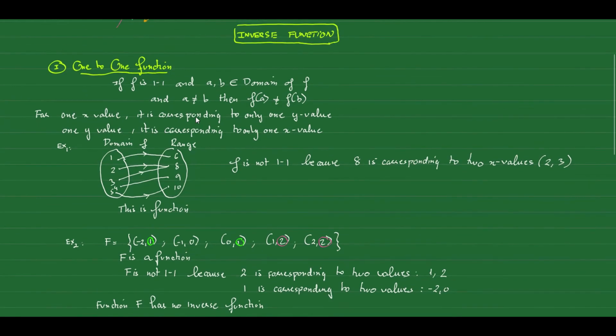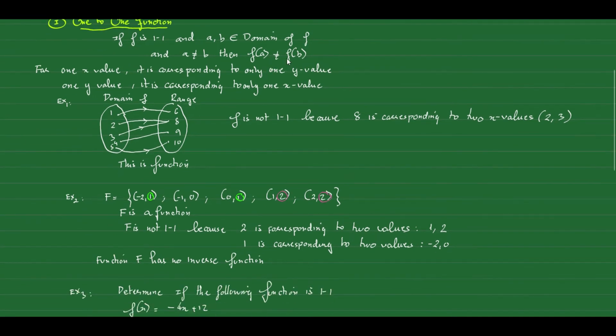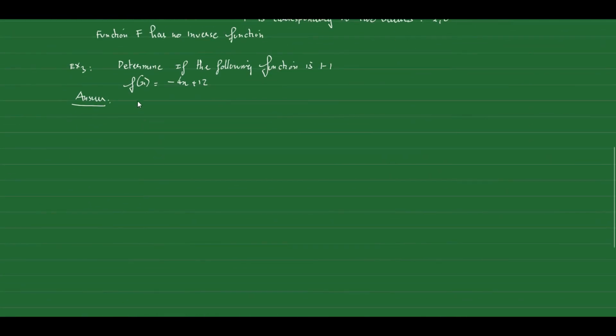According to the definition of a one-to-one function, if a is different from b, then f(a) is different from f(b). So I just pick two values, a and b, belonging to the domain. Now let's check f of a. F of a, we plug it in. F of b, we plug it in. Now if a is different from b, do you think this is different from this? Negative 4a plus 12.